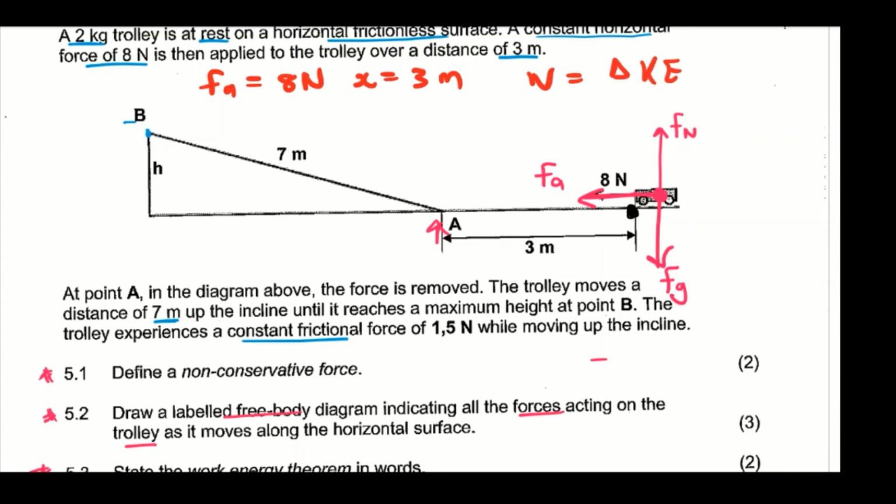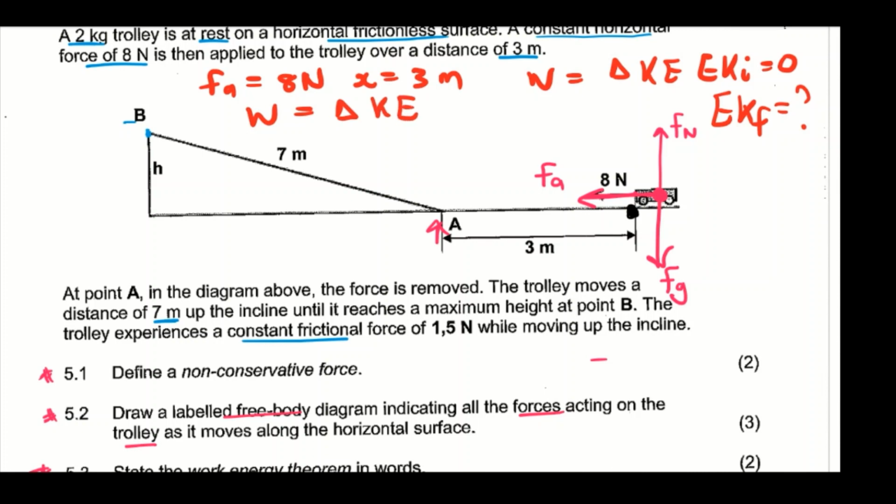We know that the initial kinetic energy is equal to 0. Why? Because the trolley is stationary, right? So we're just going to have the final kinetic energy, EK final. You're going to have work being equal to the change in kinetic energy.